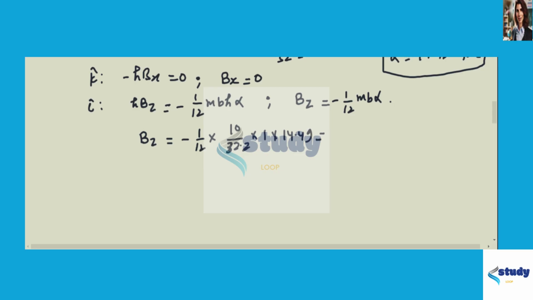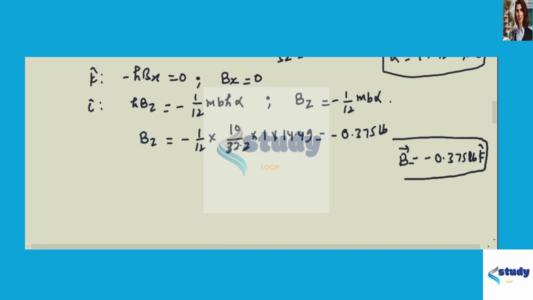So this value is minus 0.375 pound. So dynamic reaction at B point you will write minus 0.375 pound k cap. This is the one answer of B part.